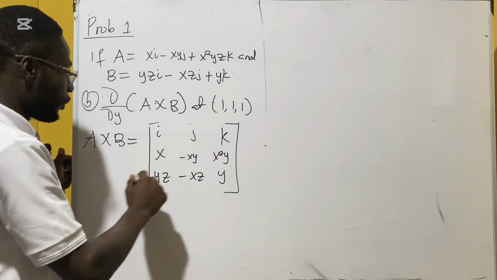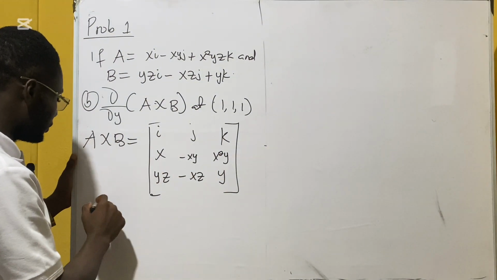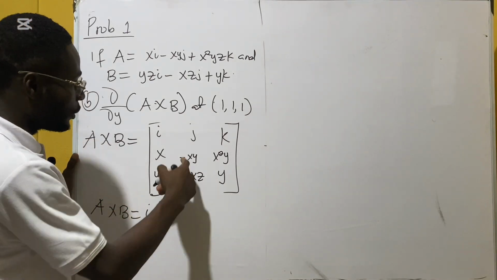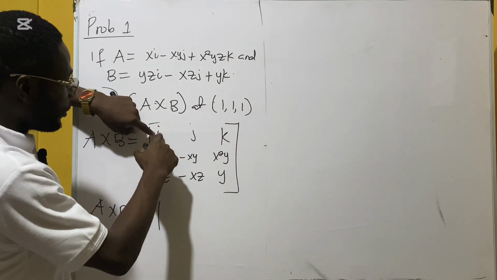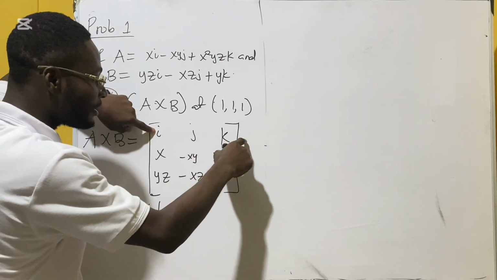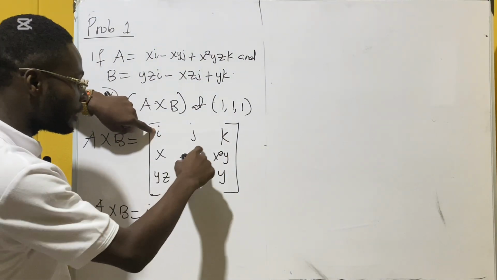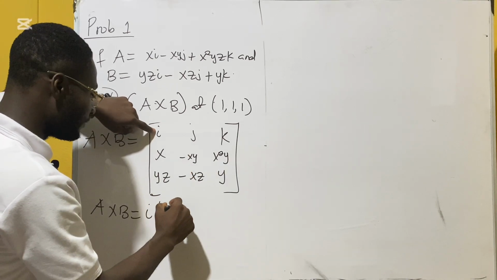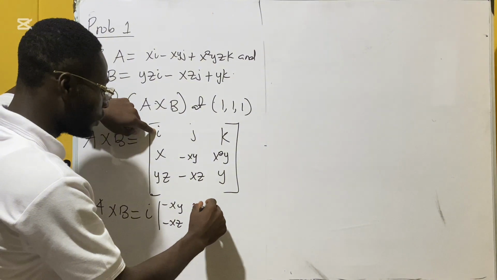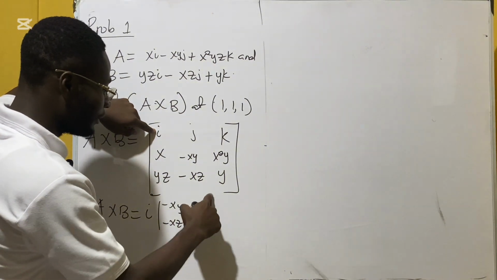Okay, so we're going to find a cross b. So a cross b will be equal to i into, when you are considering this, you cover everything here, so the elements left are negative xy, negative xz, x squared y, y, right?